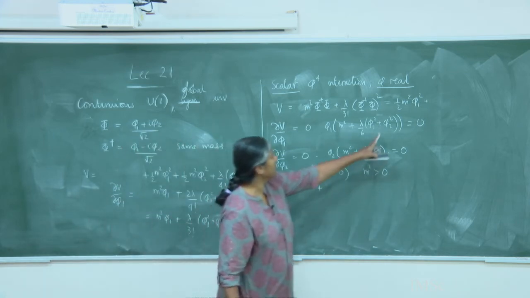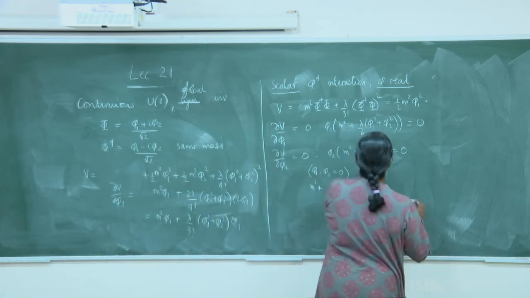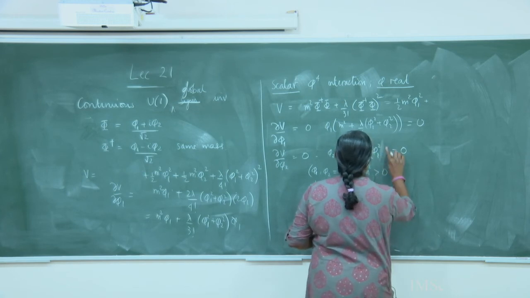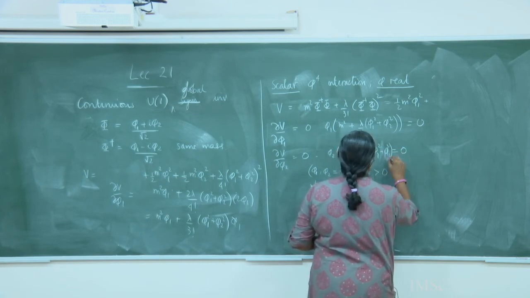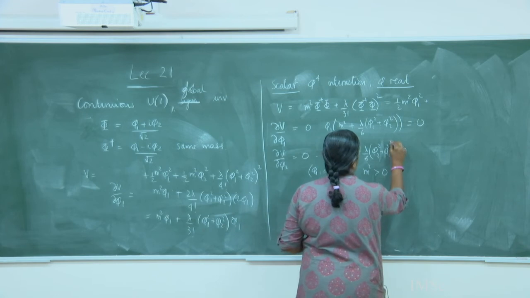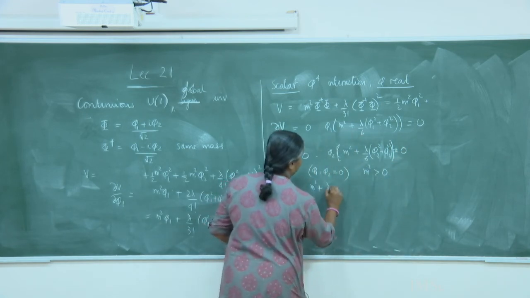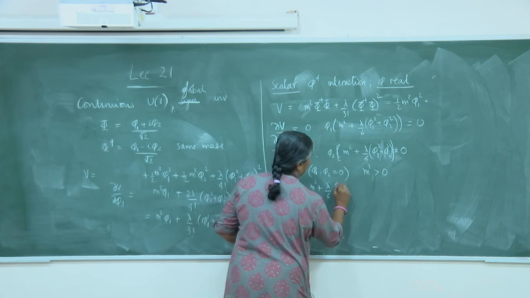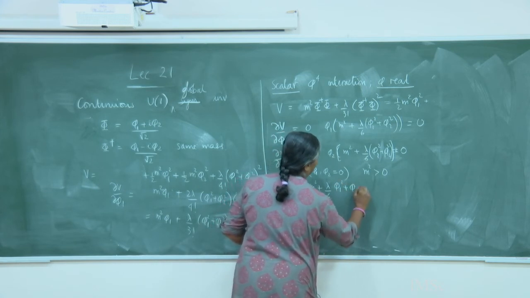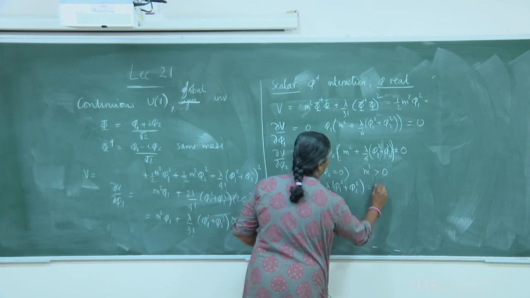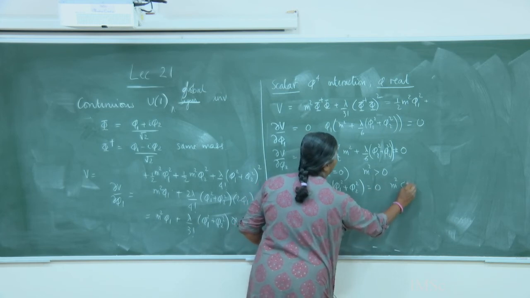So that is what I have written, I am sorry, okay. And this will be the same thing. So you will have m squared plus lambda by 6 phi 1 squared plus phi 2 squared equal to 0 for m squared less than 0.